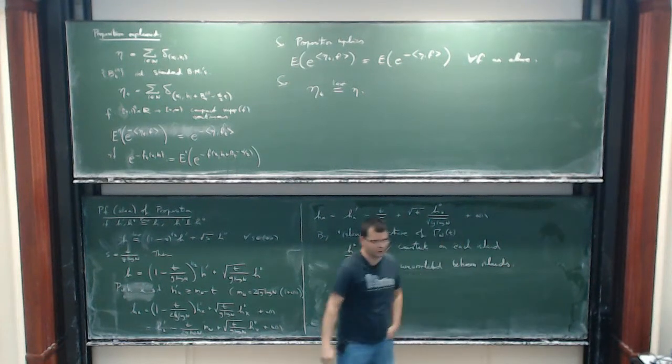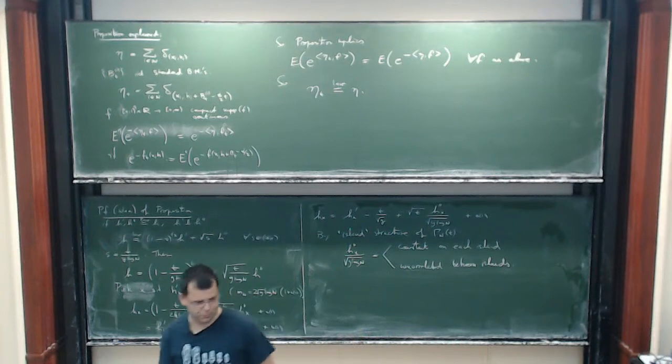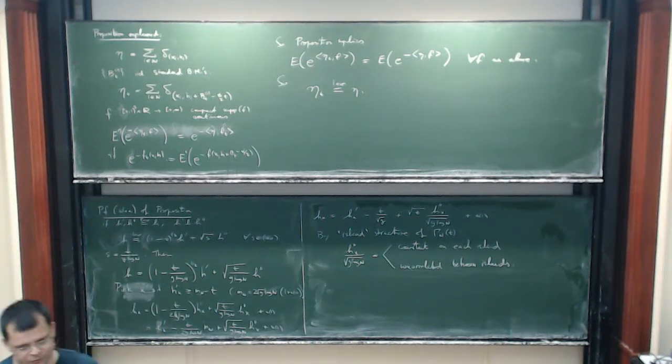Okay, and you can do this quantitatively, and if you look at the proof, that's what you have to do. You have to do some little coupling arguments to get rid of this residual dependence that you have between the islands.